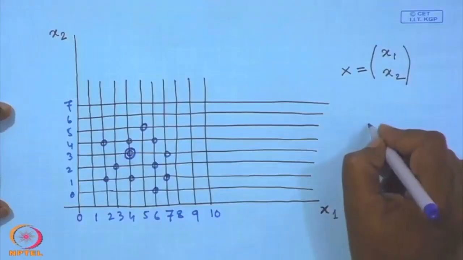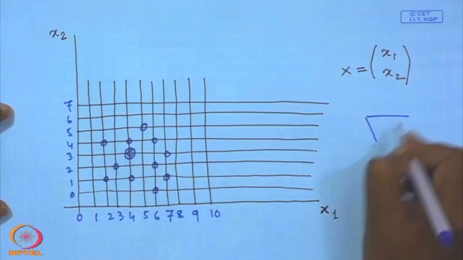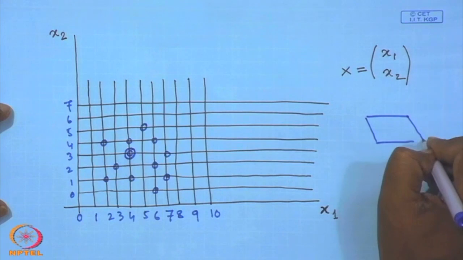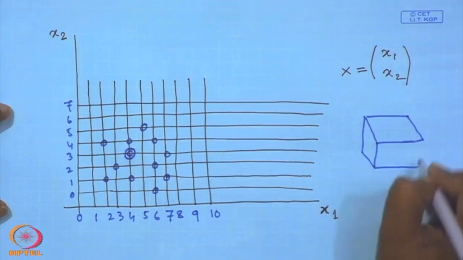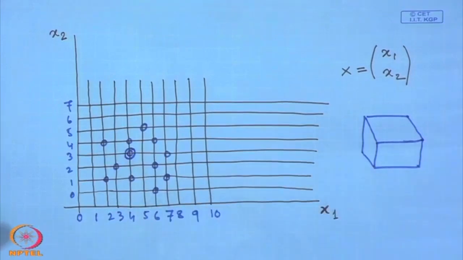Let us assume that we use rectangular windows, obviously because this is the 2-dimensional case. So, this rectangular window will actually be a box. It will be something like this. And this box will have a certain volume under the probability density surface.